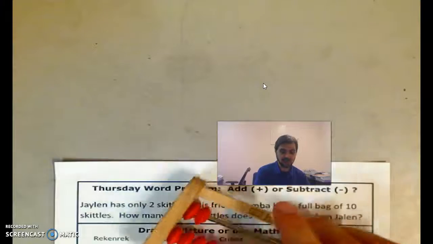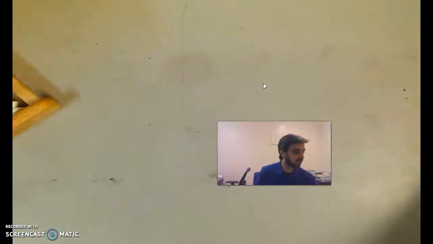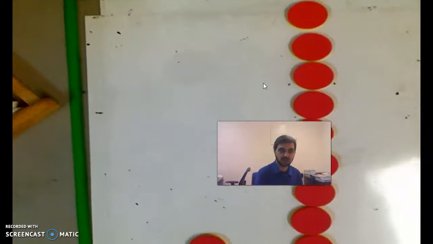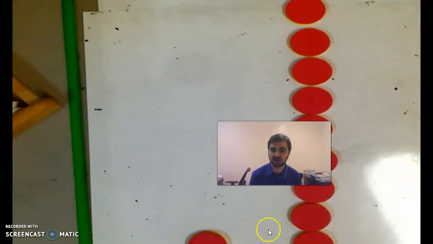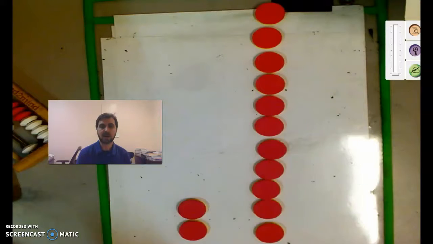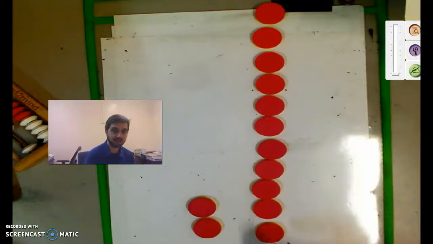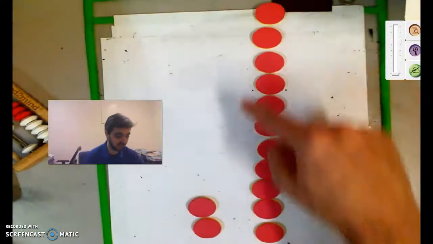Okay? All right, here's another way to think about it when you're comparing. You could always use these counters to help you out. I don't know that it's going to fit. Let me try. Hold on a second. All right, I got it to fit. So if this represents how much Jaylen has, which is 2 Skittles, 1, 2, right? Now Kemba has 10, which is all of these.